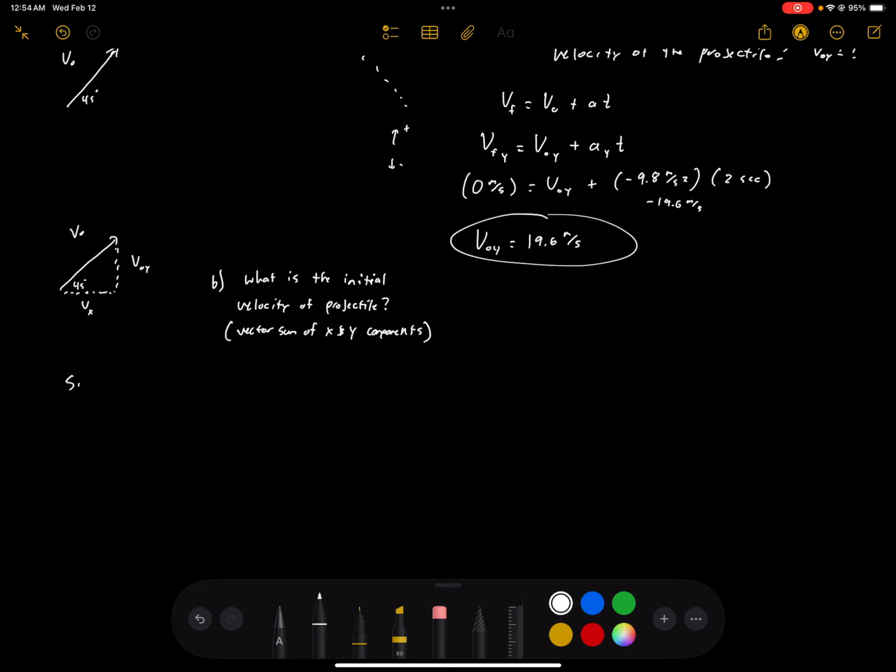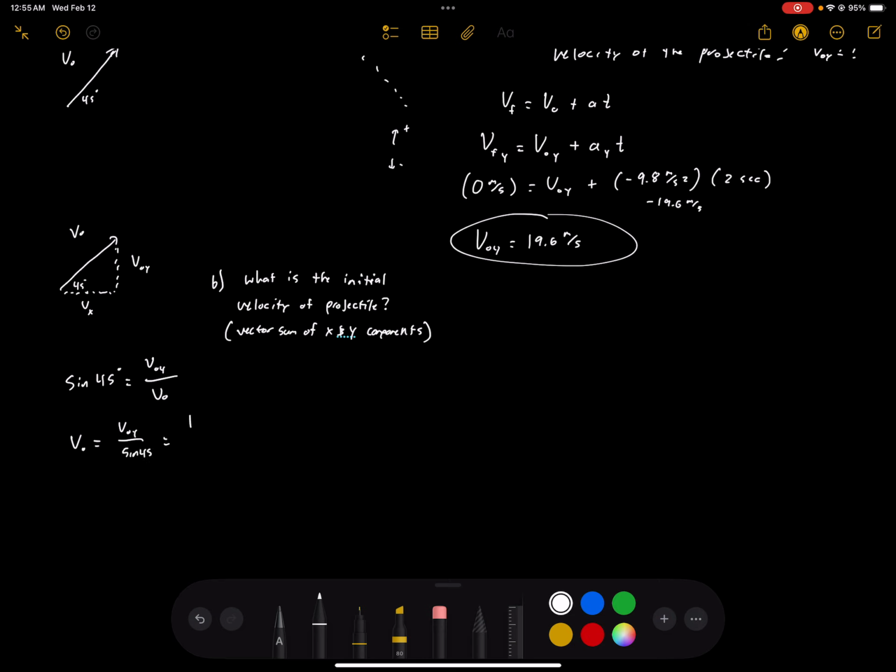So I know that the sine of 45 degrees equals the opposite side, v naught y, over the hypotenuse, v naught. Since we're solving for v naught, v naught is going to equal v naught y divided by the sine of 45 degrees.